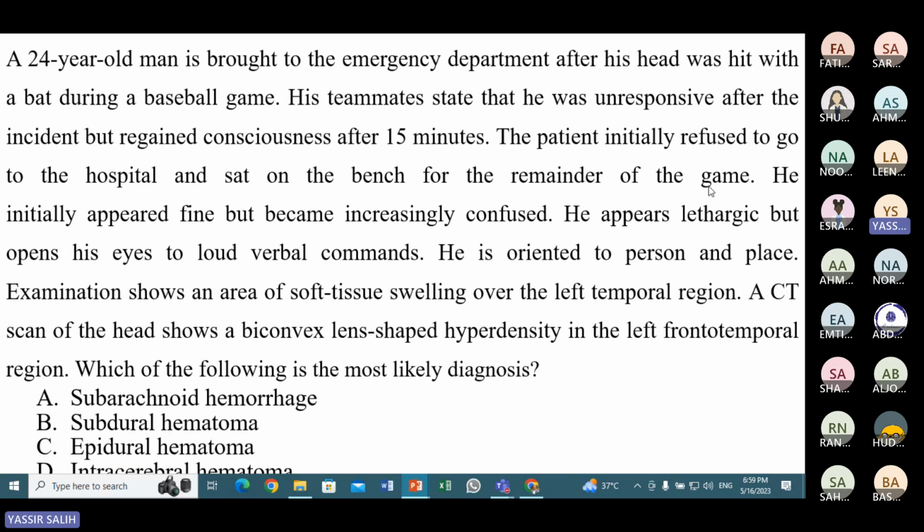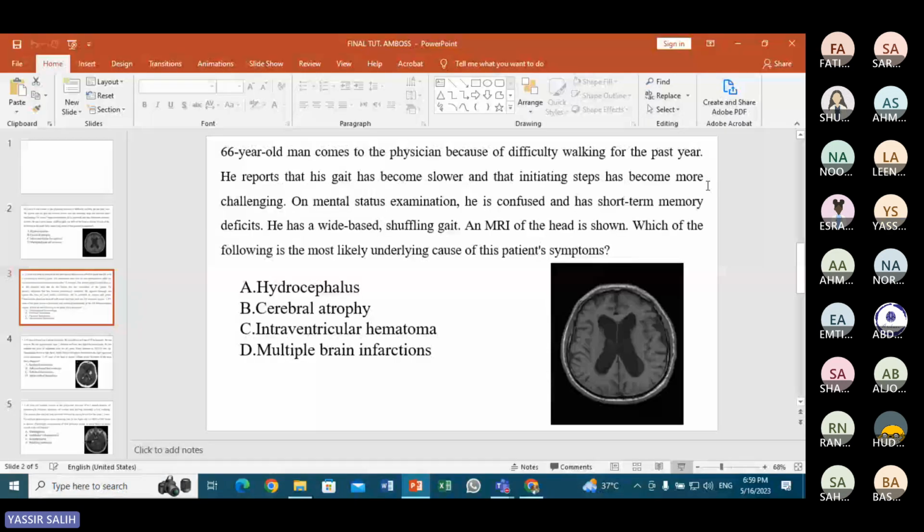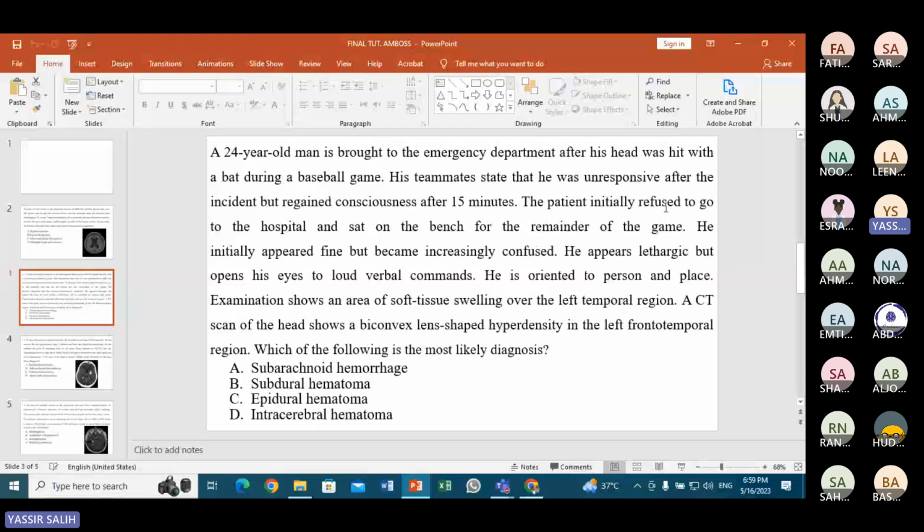Question 2. Please read it in 30 minutes.